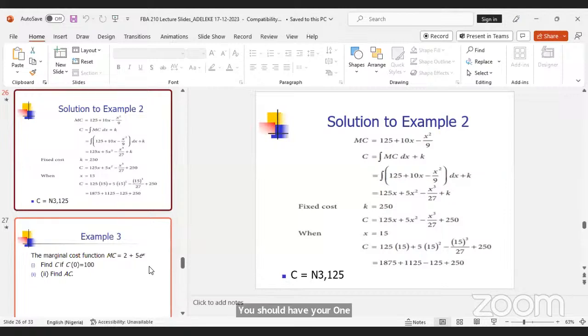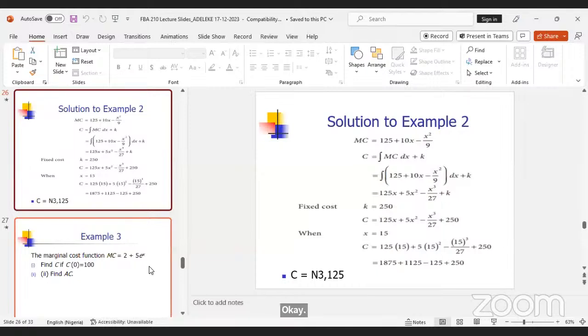I want you to confirm that you can get this on your own. But if you have issues, please let me know. There are 3 terms there. 125 is a constant. It's like integrating A. What's the integral of A? It's Ax. So the integral of 125 is 125x. So that one is settled.